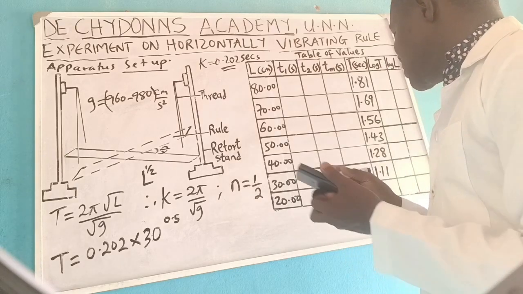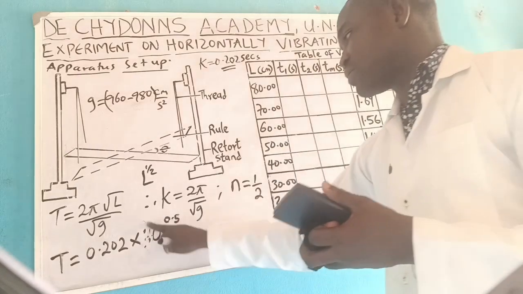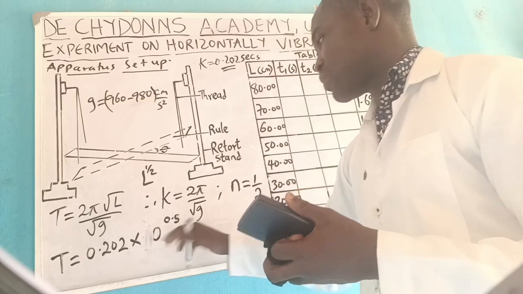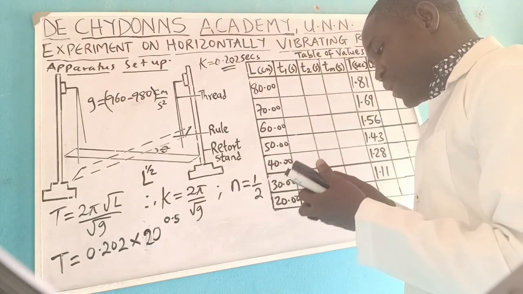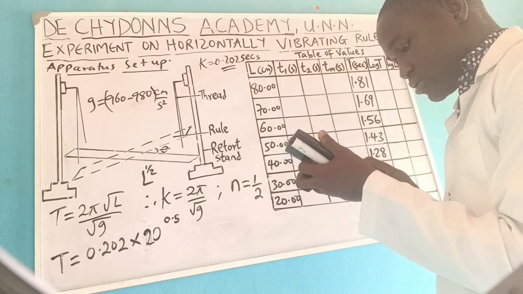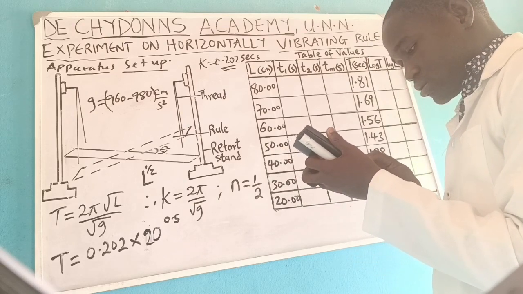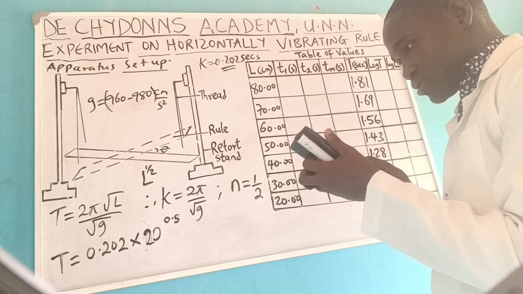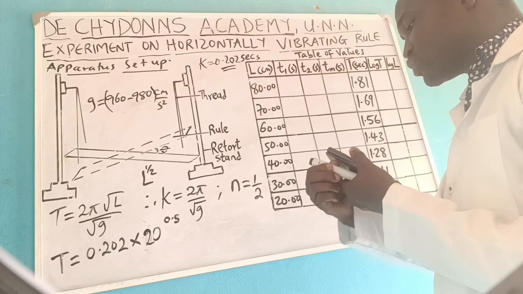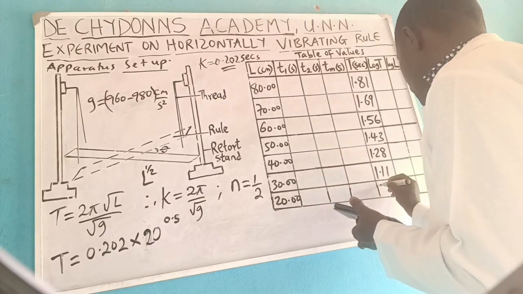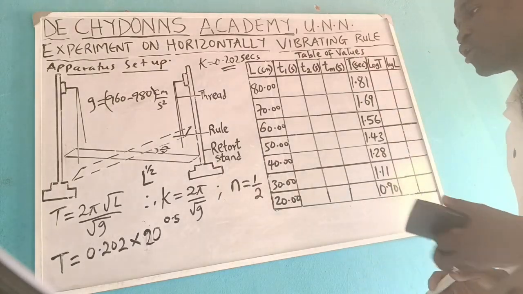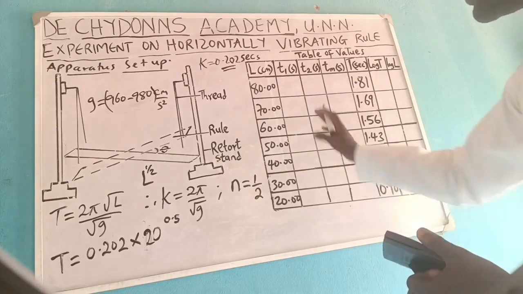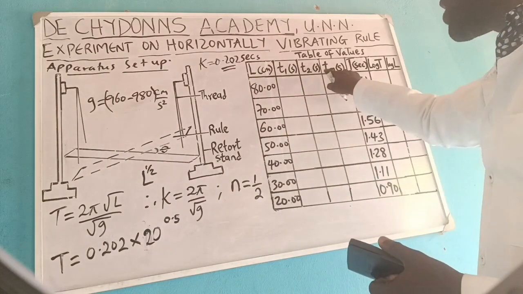Then you replace it with 20. When you replace it with 20, you have 0.90. So we have gotten our period, without touching apparatus. How can we get your Tm?